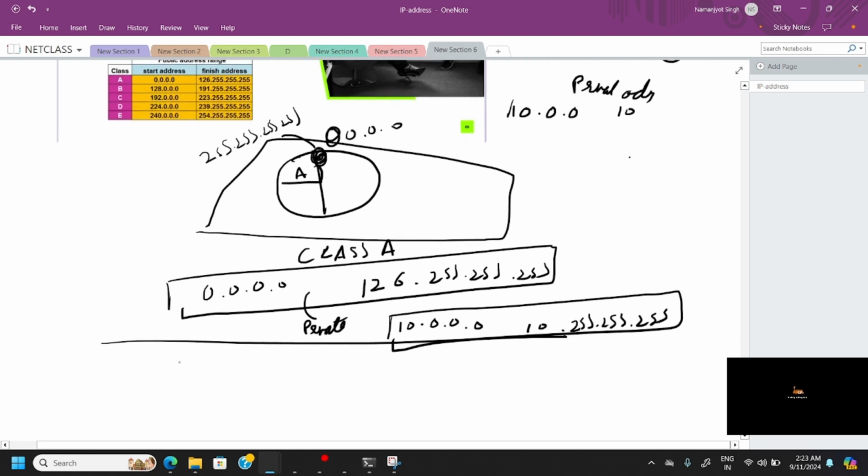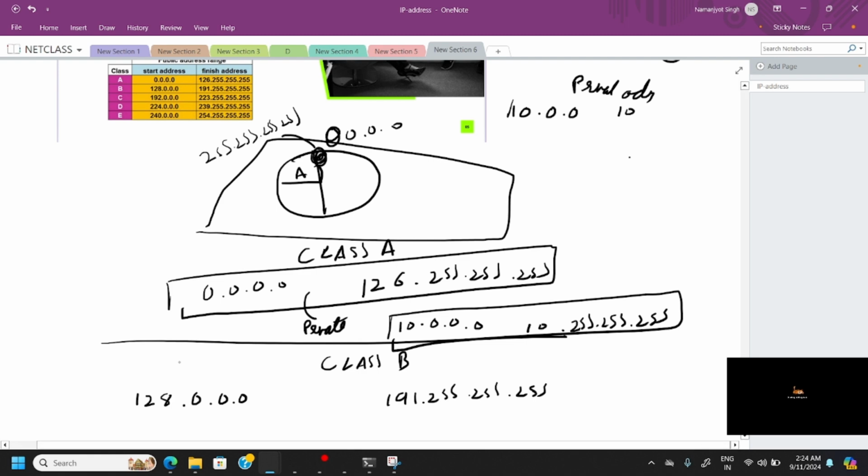Same is with class B. In class B, as you can see here, we have IP addresses of 128.0.0.0 to 191.255.255.255.